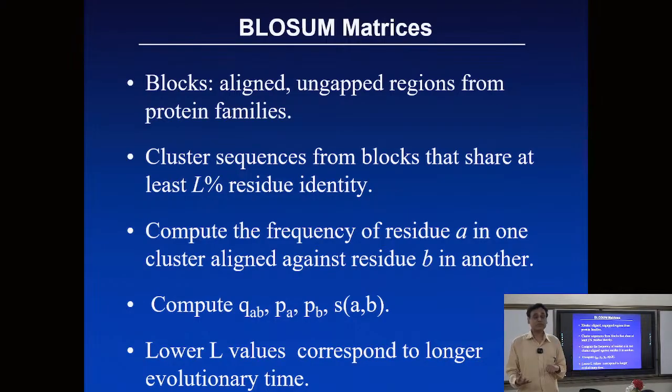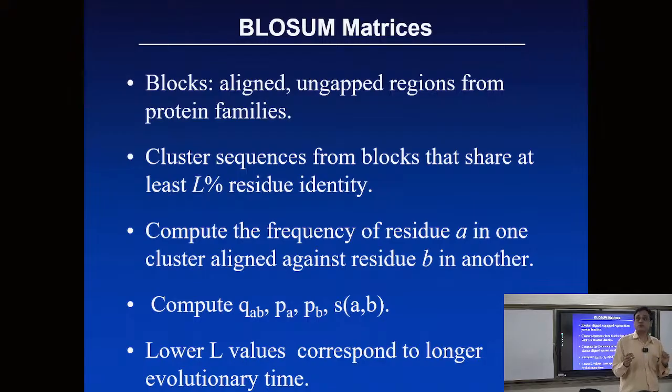Yeah, 62% or less, not just 62%, 62% or less similar to each other. Okay. So, not highly similar, not highly dissimilar also, right? And that is why BLOSUM 62 is a good compromise, because a priori you do not know, for the sequences of your interest that you want to align, how similar or dissimilar they are.